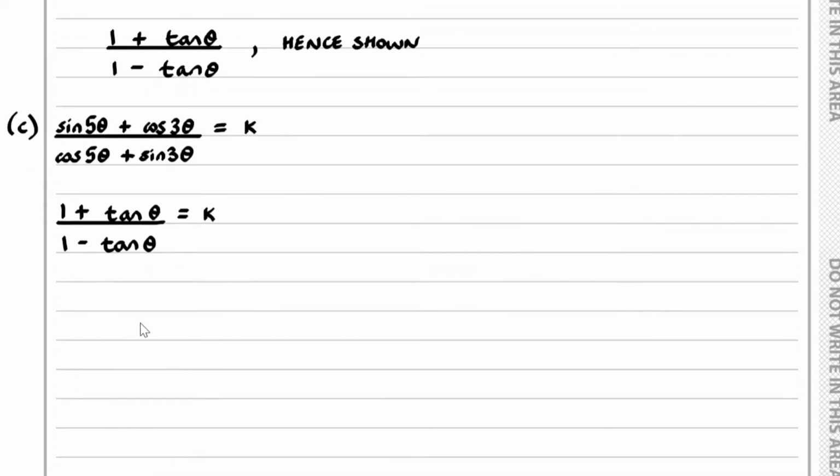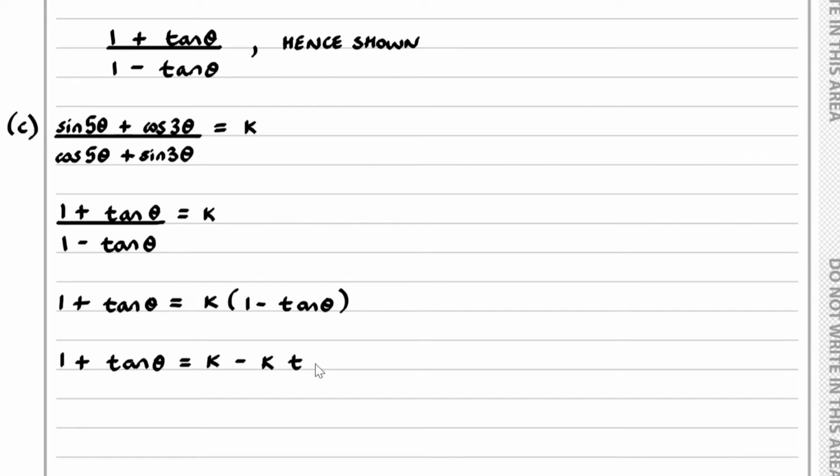Now let's rearrange for tan theta. If I multiply through by 1 minus tan theta, then I would have 1 plus tan theta equals k multiplied by 1 minus tan theta. So I've got 1 plus tan theta equals k minus k tan theta.